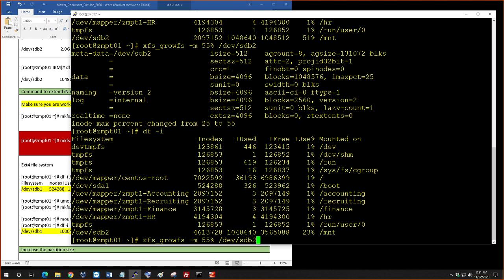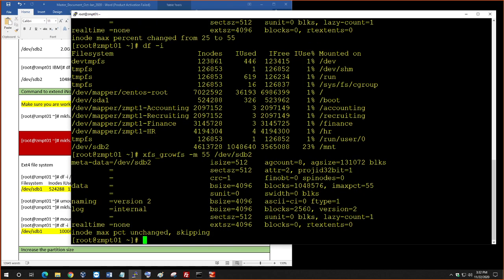Okay, so what happened is this number here, 461378, is the 50% allowable. So earlier, it's not working actually. I shouldn't have done this. Inode maximum percentage unchanged, skipping. Inode maximum percentage changed from 25 to 55. Okay, so I was fooling around earlier here.